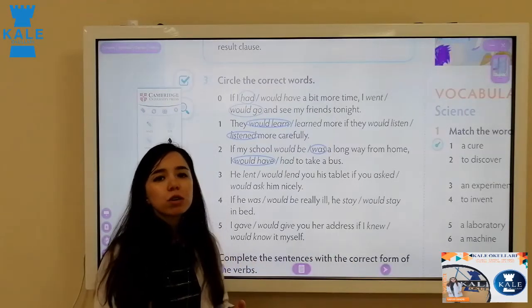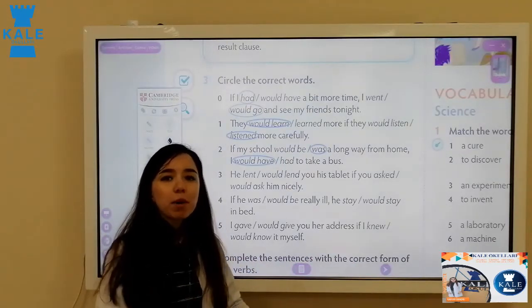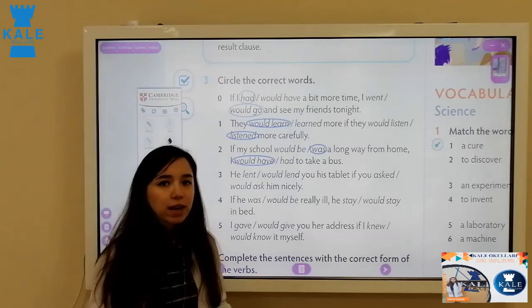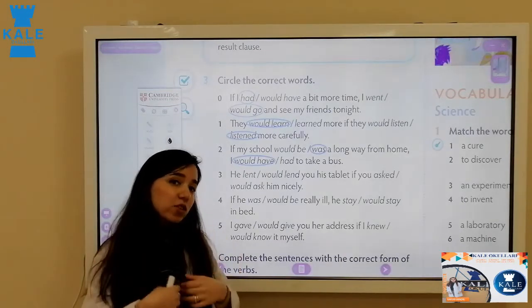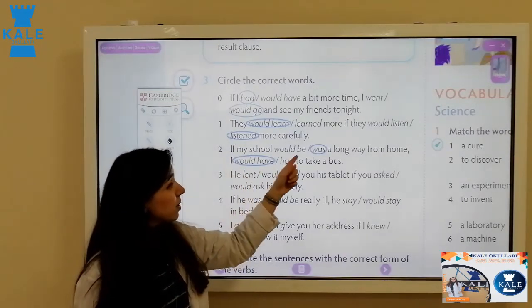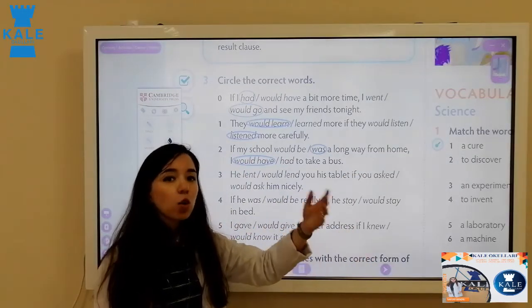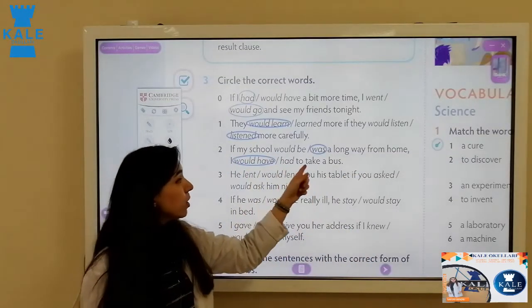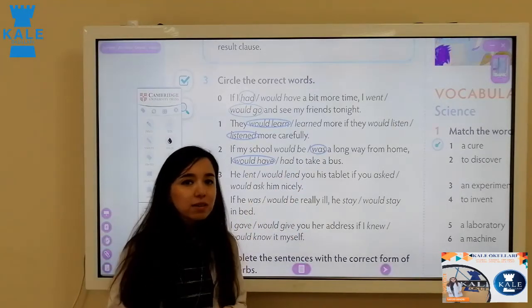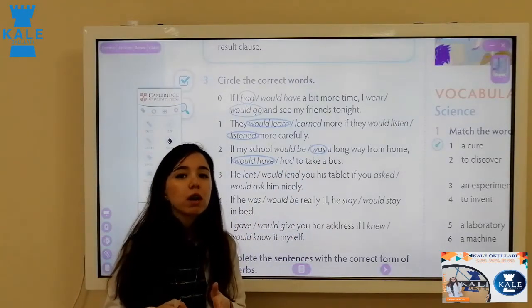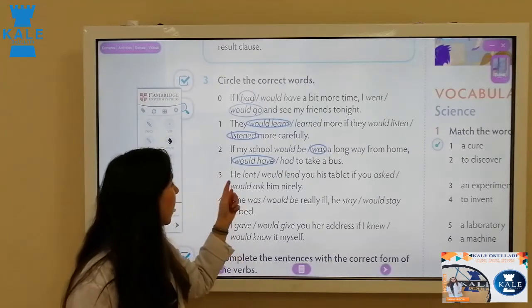I don't need, for example, every day to take a bus, to take a taxi or something like that. But I said, if the situation is like this, if my school was a long way, so that I need to take a taxi or bus, I would have to take a bus. But in this situation, they are so close together, I don't need to do this.